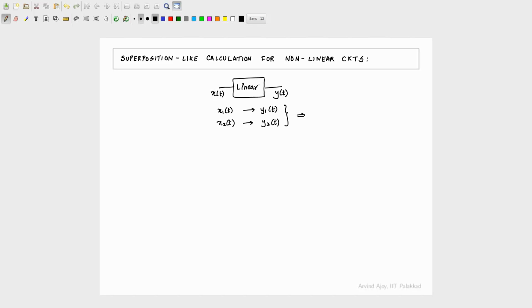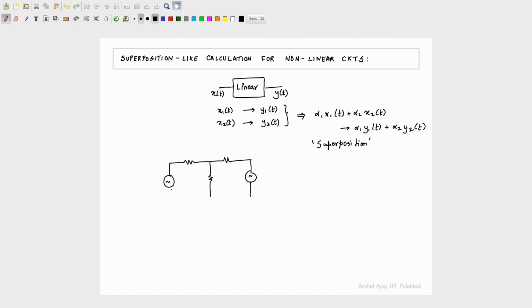So if I have x of t and the output is y of t, then in a linear system, if x1 of t gave me y1 of t and x2 of t gave me y2 of t, what does that imply? alpha 1 x1 of t plus alpha 2 x2 of t will give me alpha 1 y1 of t plus alpha 2 y2 of t.